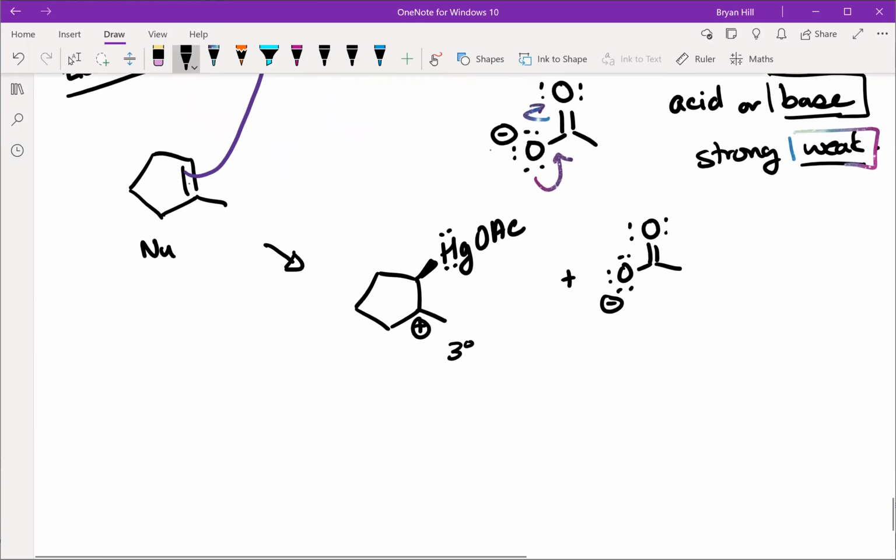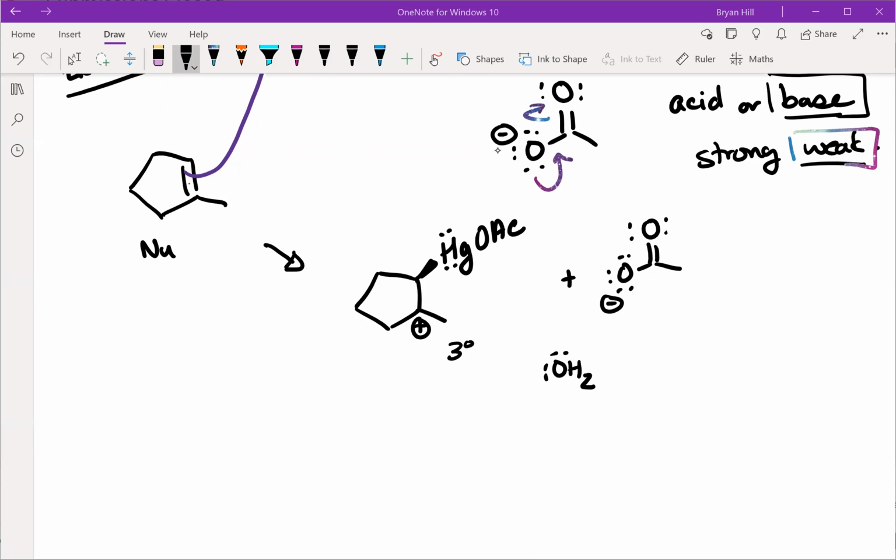So my next question is, what do you think happens next? And of course, we've got some water here in the reaction. There is a very similar effect from the bromonium ion.